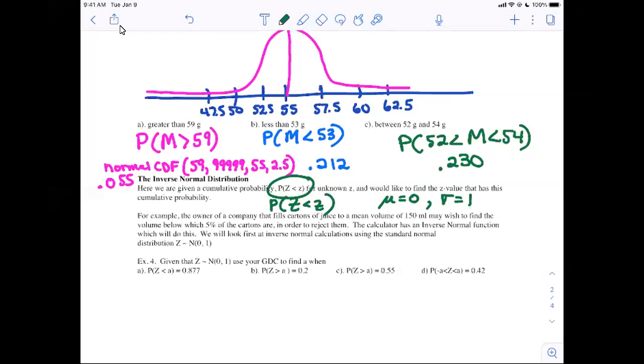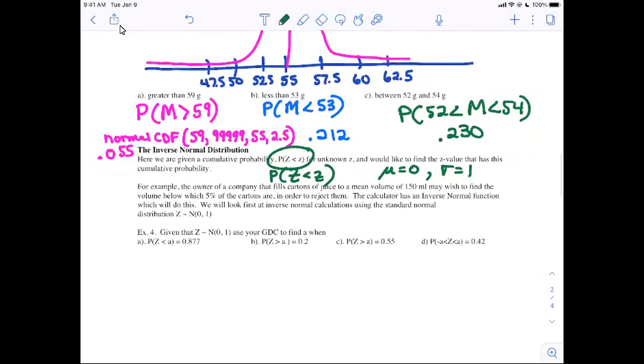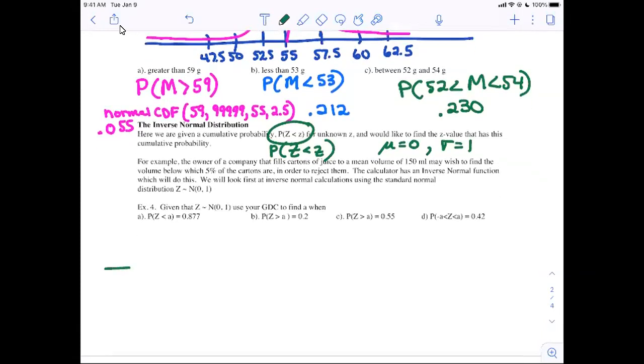All right, if you look at example 4, it says I'm given z is normally distributed with a mean of 0 and a standard deviation of 1. If I want to find the a value when the probability of z is less than a equals 0.877, I'm trying to find the a value for which the area under the curve to the left of a is 0.877. Okay? So let me draw.